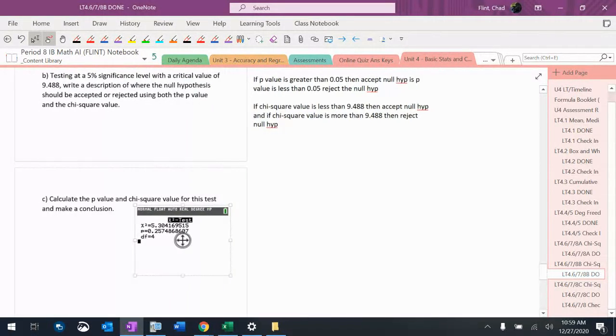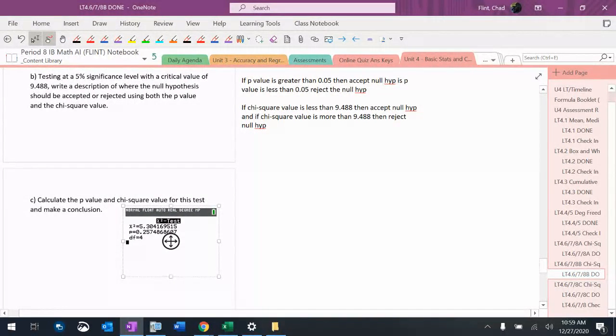And then what I'm going to do is make a conclusion for the p-value. So the p-value, 0.257, is greater than 0.05. So we accept the null hypothesis, meaning time of day and number of people walking dogs are independent.